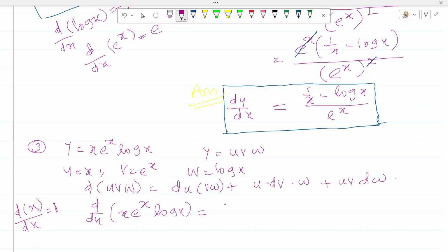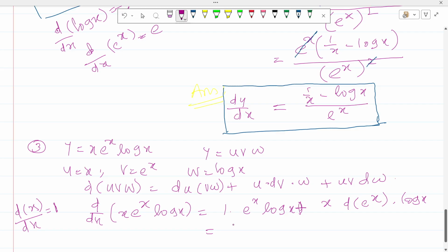So d of x is 1. 1 into e power x log x, plus keep x, differentiation of e power x, keep log x.